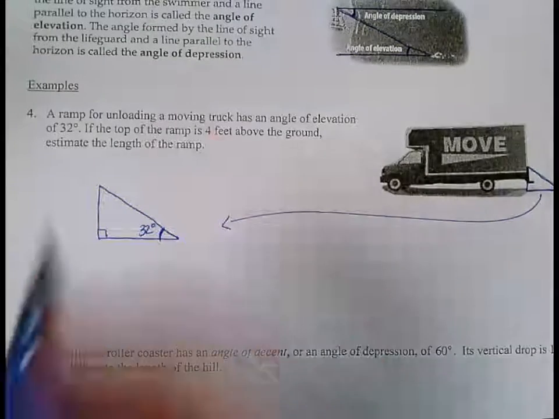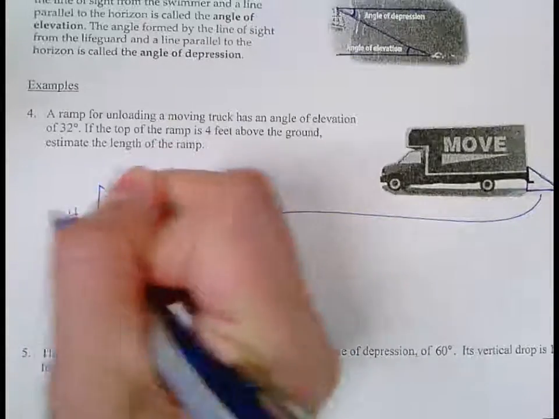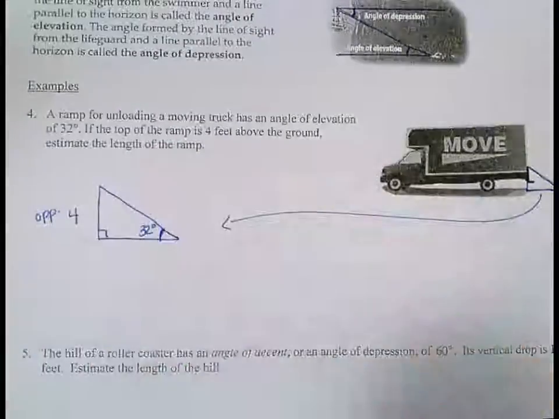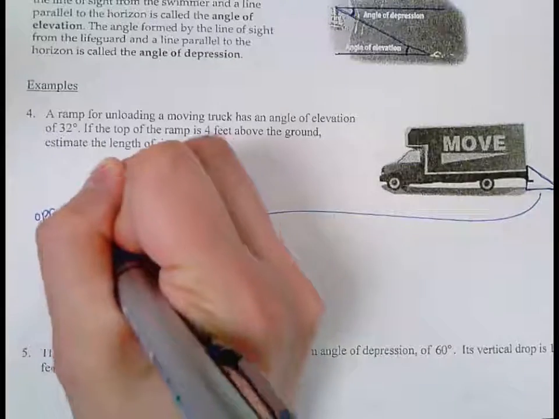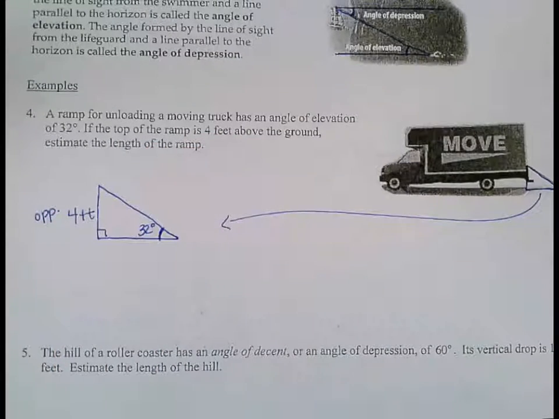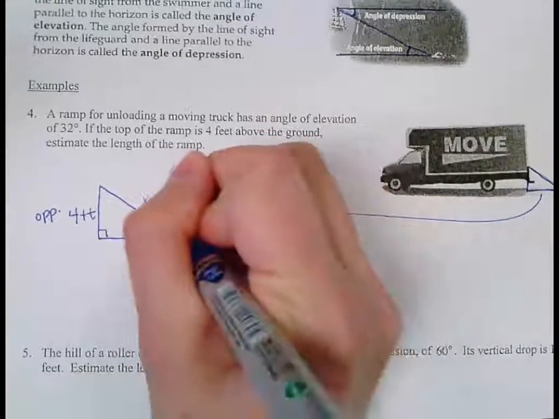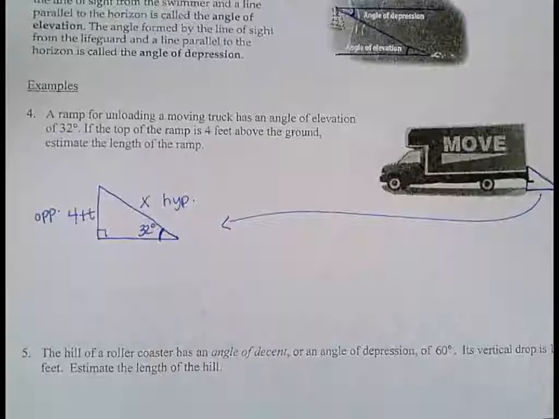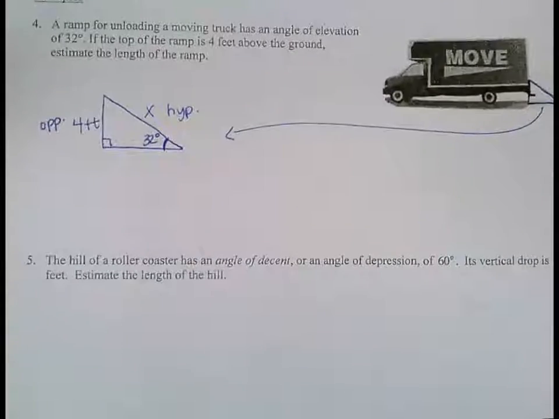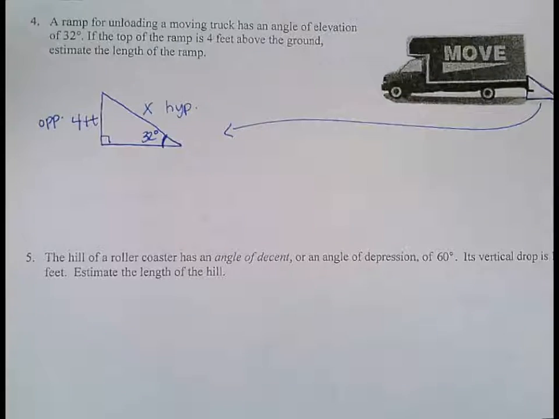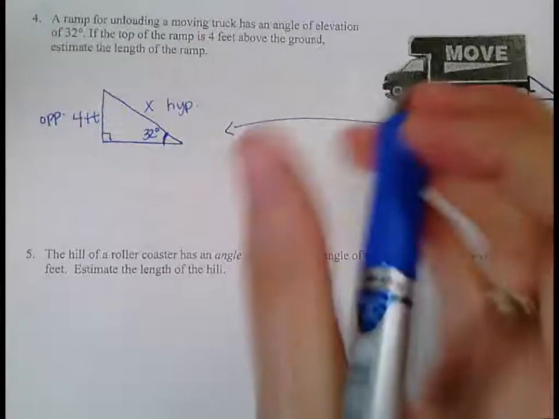Opposite. Right, that's 4 feet. And which side are we trying to find? The hypotenuse, the length of the ramp. Which trig function is going to help us find x? Sine.